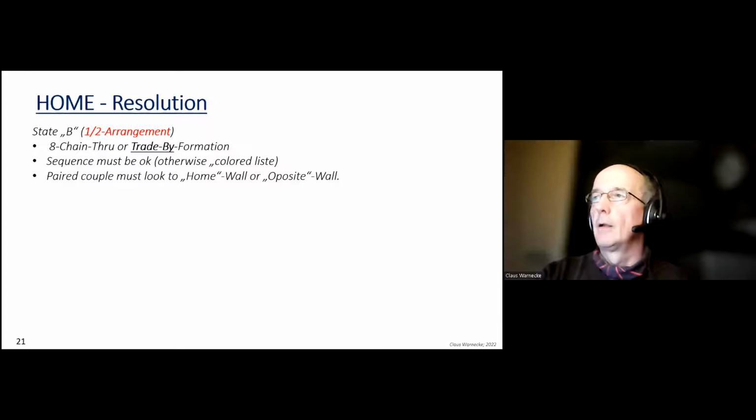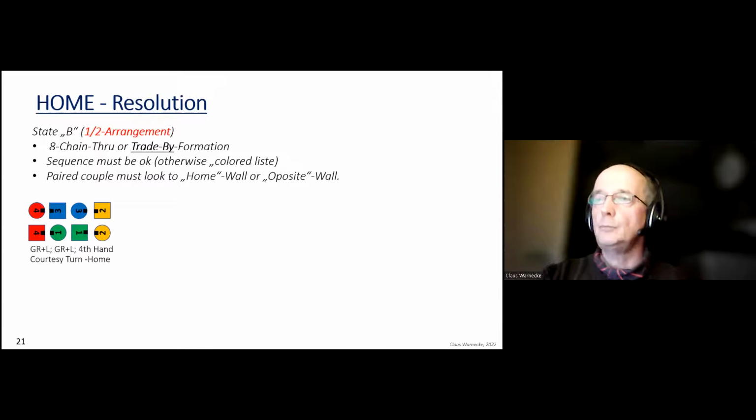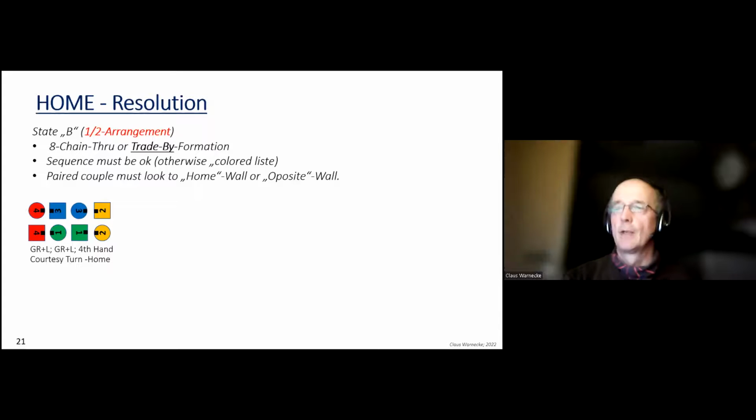The same as I like before. The side couples are paired, but everything is half arrangement. Grand right and left. This could be 7 hands or twice and the second time on the 4th hand courtesy turn. I don't like it. You can do a box on that.